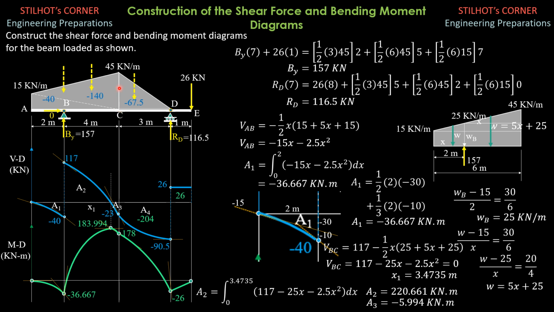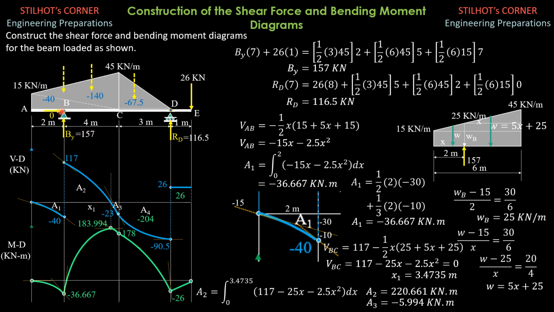This is 2 plus 3, so 5 meters moment arm, plus 1/2 of 6 times 15. The moment arm is, because it is passing through B, so that's 7. So solving for By is 157 kilonewtons, which is shown.